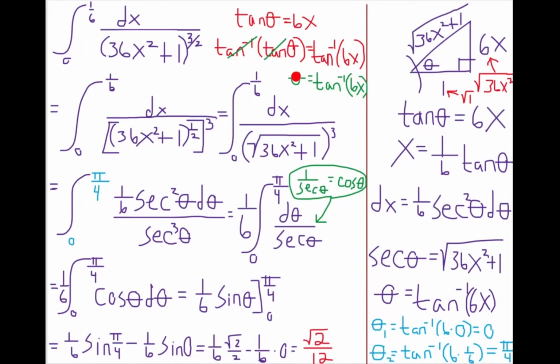And then notice we have dx on top here. When we did our side work, dx was 1/6 secant squared theta d theta, and that's what I have here. And then we have the square root of 36x squared plus 1. When we did our side work, that was actually secant theta, right? It was the hypotenuse divided by the adjacent.